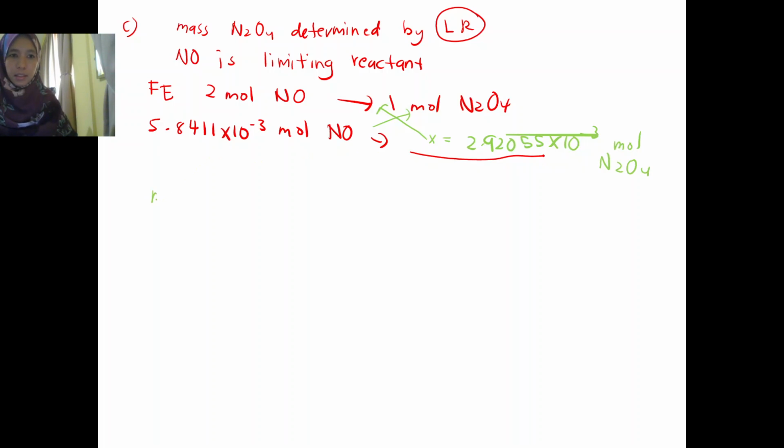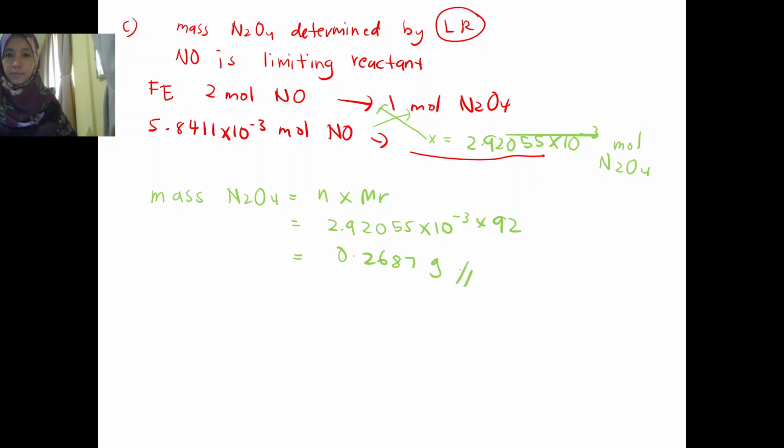Okay, so we can calculate for mass. So mass N2O4 equal to mole times Mr. So 2.92055 exponent negative 3 times 92. So we have mass 0.2687 gram.